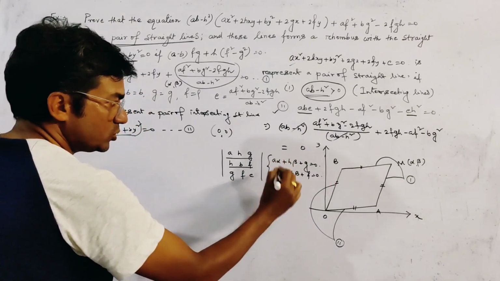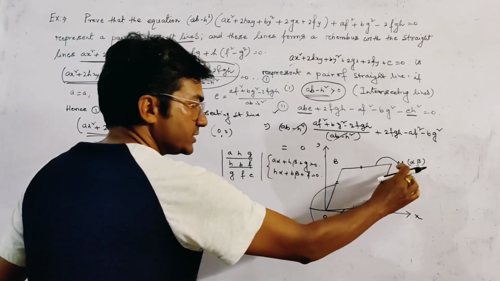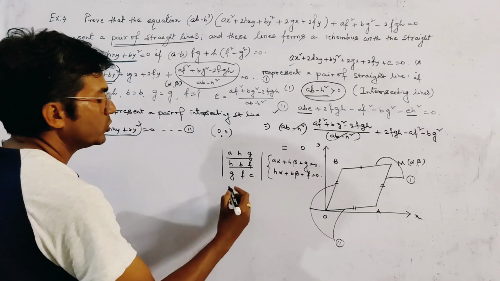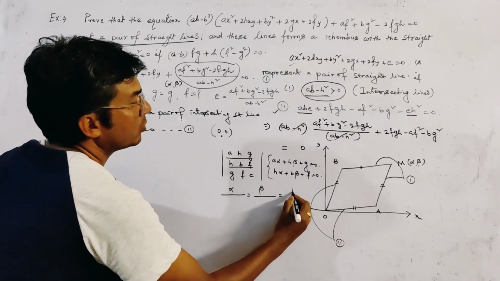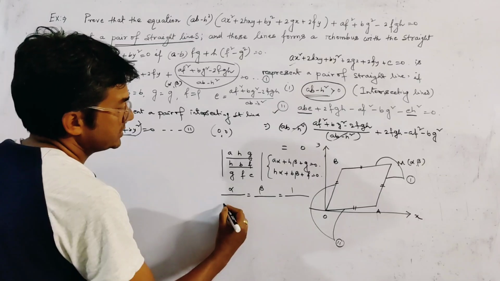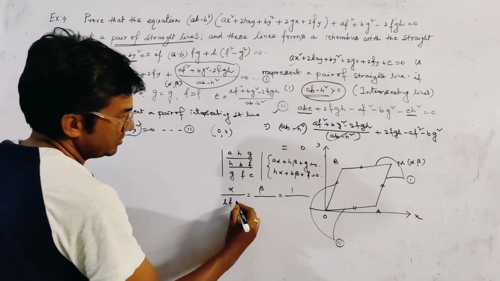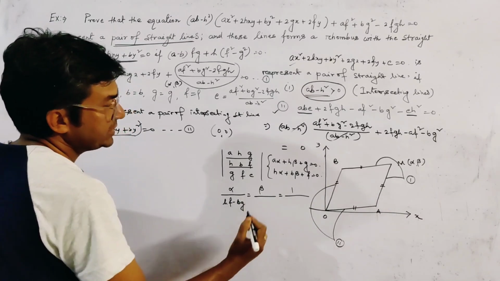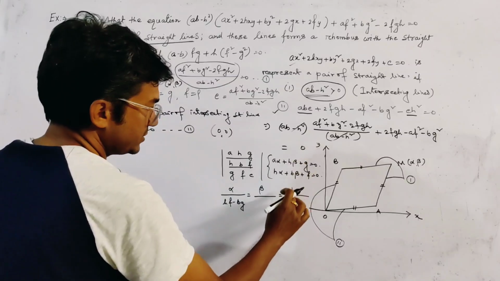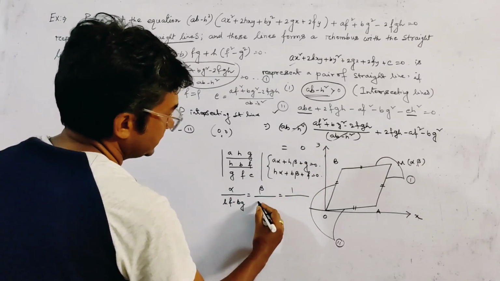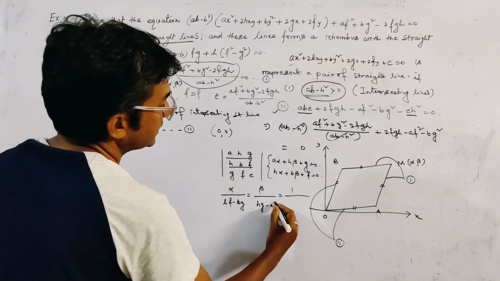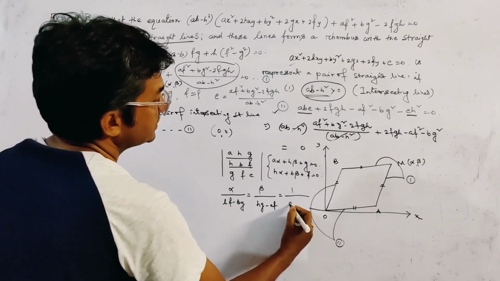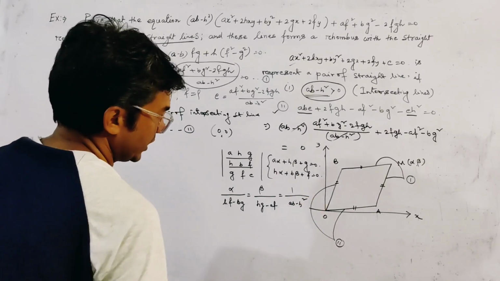Solving these two lines, we get the point of intersection alpha beta, which is given by alpha by HF minus BG, beta by HG minus AF, and 1 by AB minus H square.